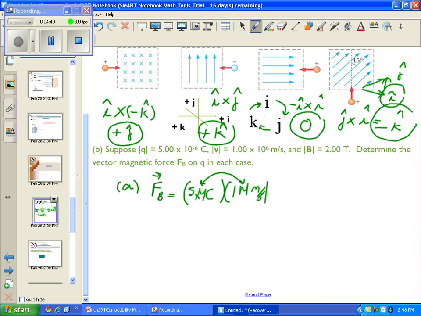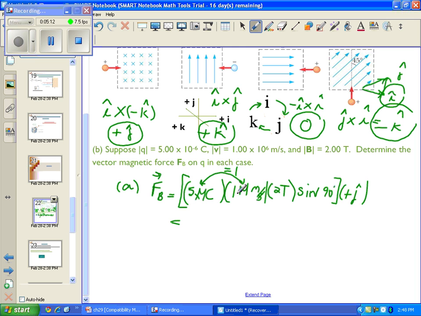So these two actually give us 10 to the 0, which is 1, times 2 T, times the sine of 90 degrees. Of course, we know that because I hat's perpendicular to minus K hat. And lastly, the direction that we've already determined, which is the positive J hat direction. Since we aren't writing this as a vector, we need the direction to be there.